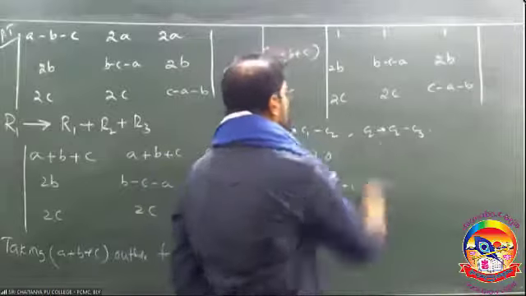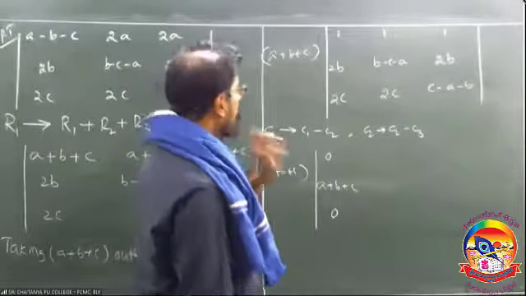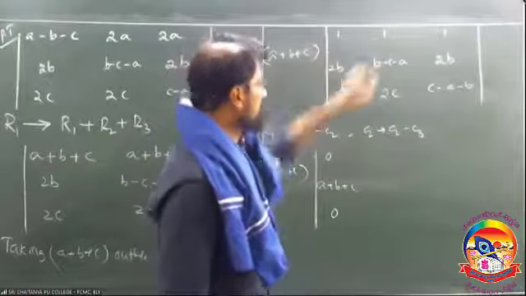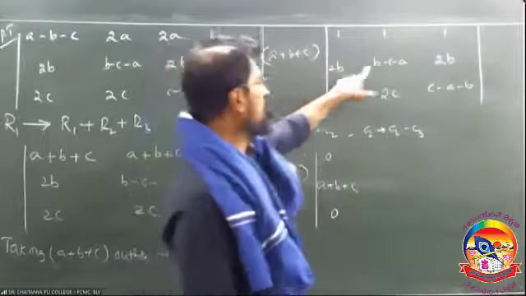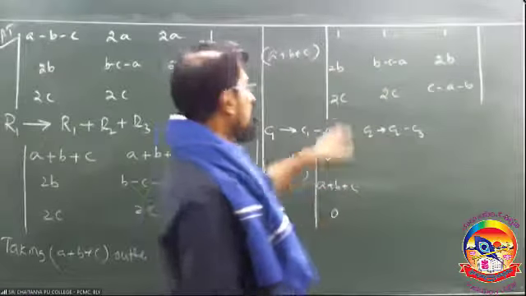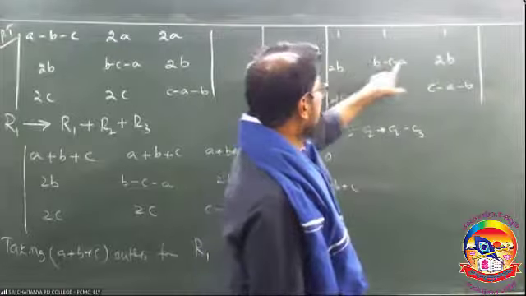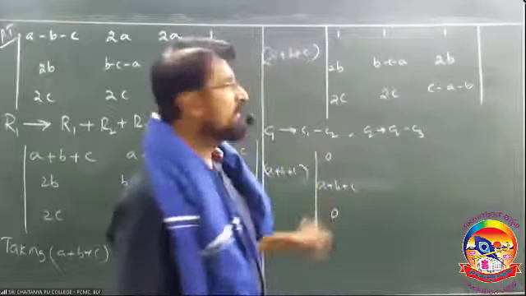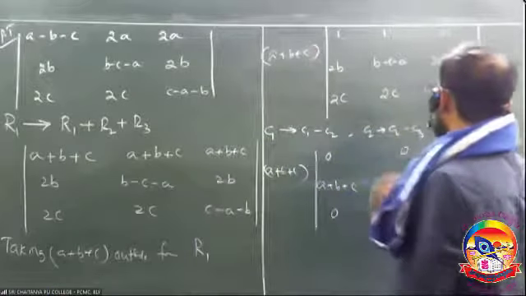I am repeating this step, observe it clearly. 1 minus 1 is 0. 2B minus B is B, minus of minus is plus C, minus of minus is plus A. Now C2 minus C3: the first entry is 0.